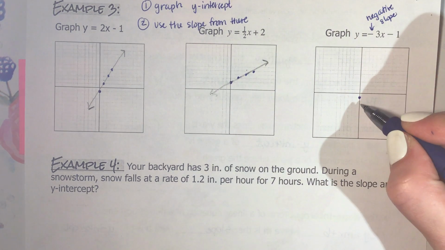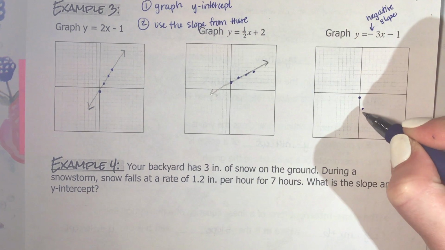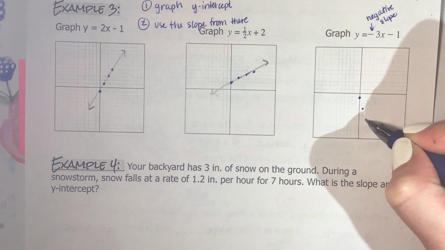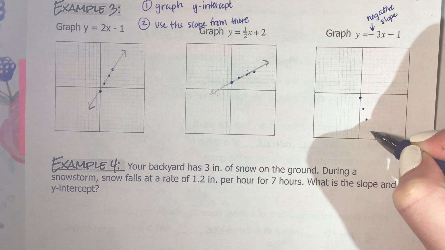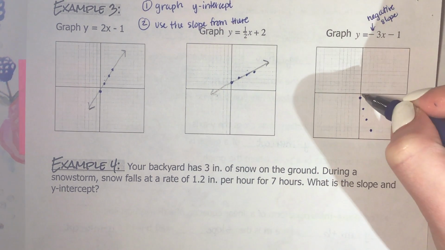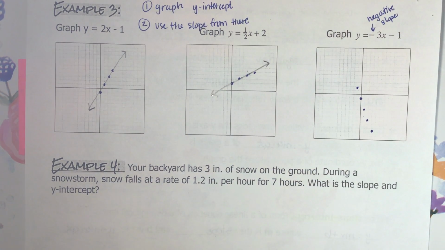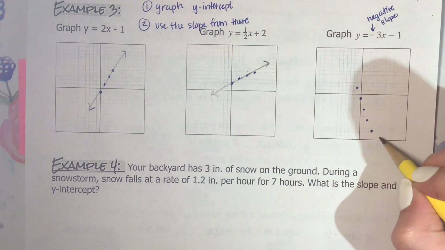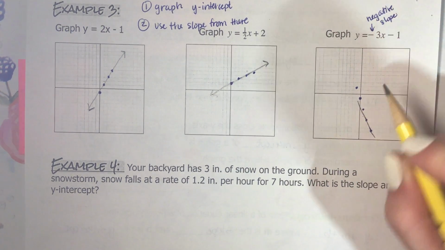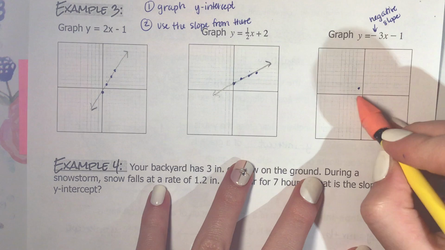So I'm going to go down 3. The ink is a little bit faded, so it's kind of hard to tell, but I'm doing my best here. All right, so now I'm going to connect this. Maybe. Let me try again, you guys.